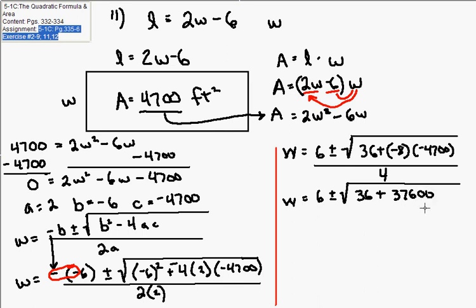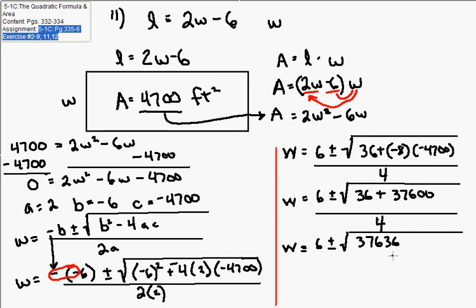And we divide that whole thing by 4. Add these, find the sum of the amount inside the square root. So now we have w is equal to 6 plus or minus the square root of 37,636, all over 4.